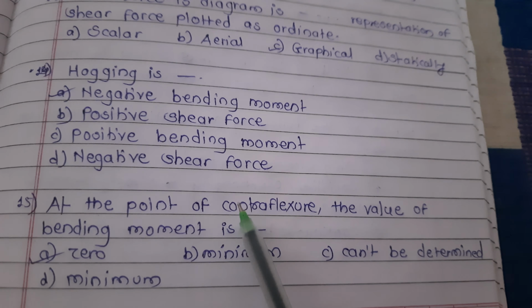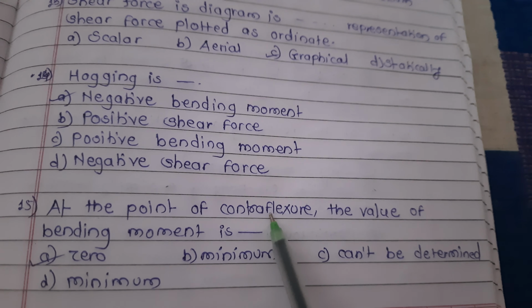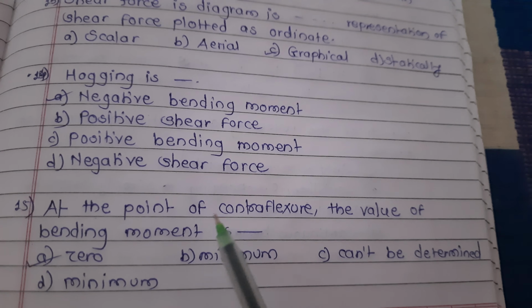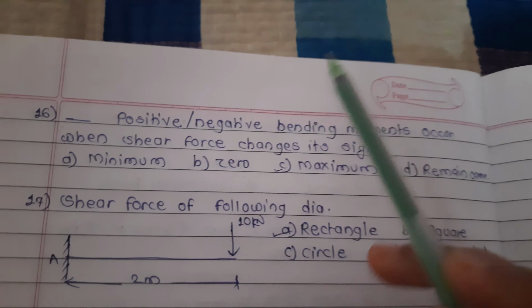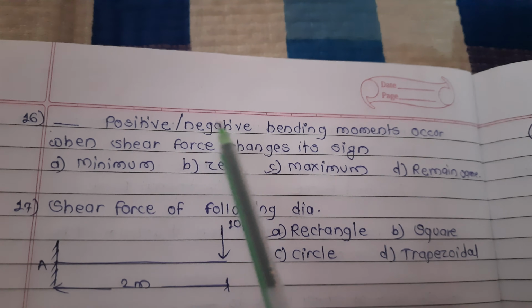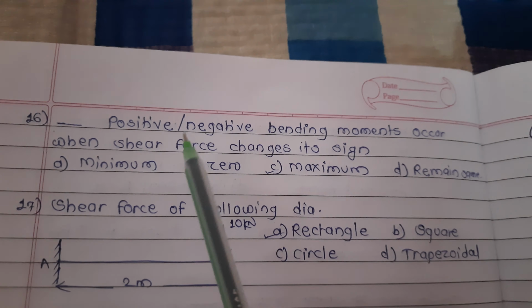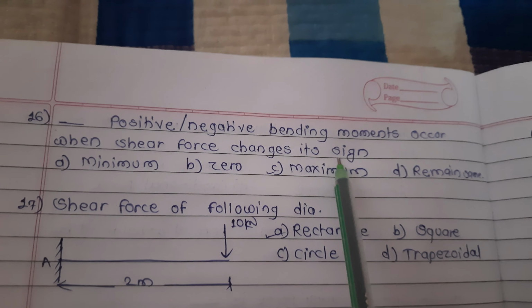Hence, that point is called the point of contraflexure, and the value of bending moment at that point is 0. Positive and negative bending moments occur when shear force changes its sign.